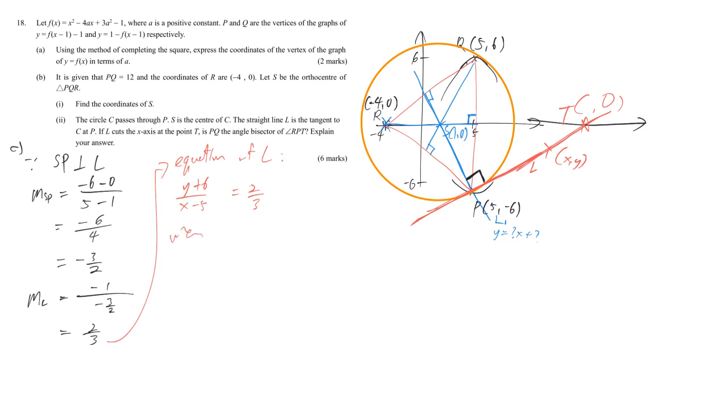So when y equal to 0, x equal to 14, so this is 14. Now the difference is 14 minus 5, we have 9, so basically this distance and this distance are the same. Therefore, left and right are symmetric.